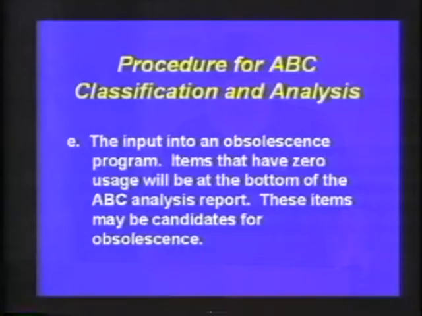Item E is the input into an obsolescence program. Now, anything that has 0 usage and multiplied by its value is going to be at the bottom of the ABC analysis. However, the true indication of obsolescence was covered for you in section number 3.